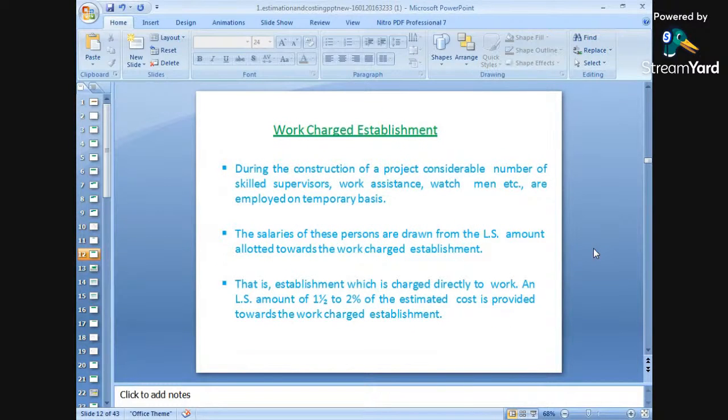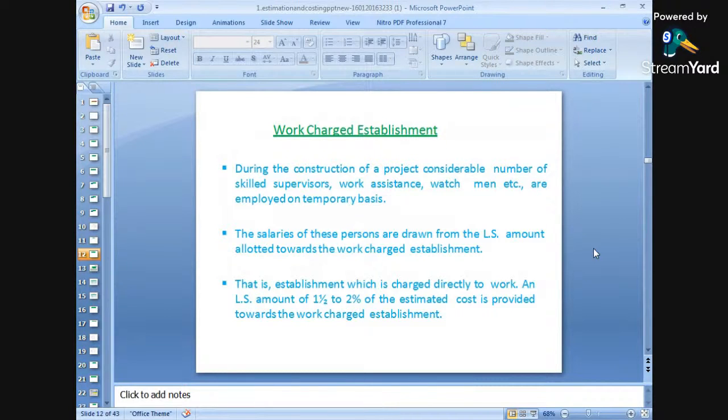Next is the work charge establishment. Again, this is an amount to be kept aside for the work charge establishment. What is work charge establishment? During the construction of a project, considerable numbers of skilled supervisors, work assistants, watchmen, etc. are employed on a temporary basis.